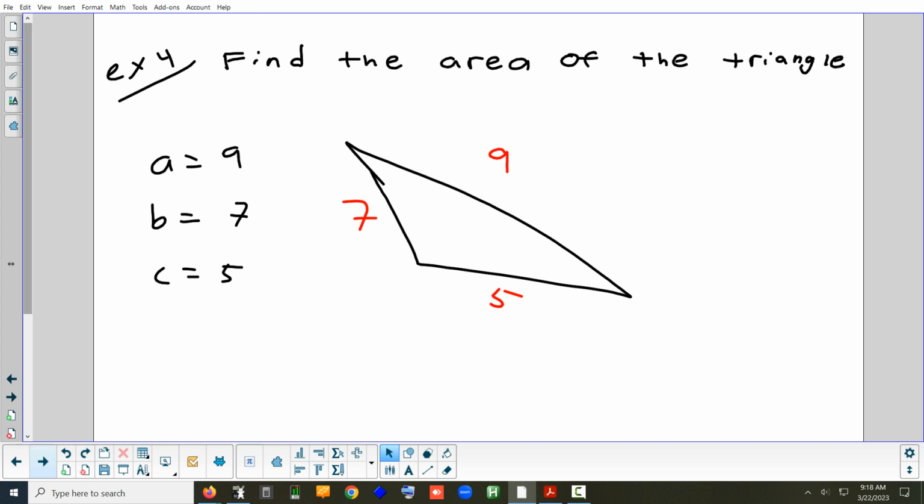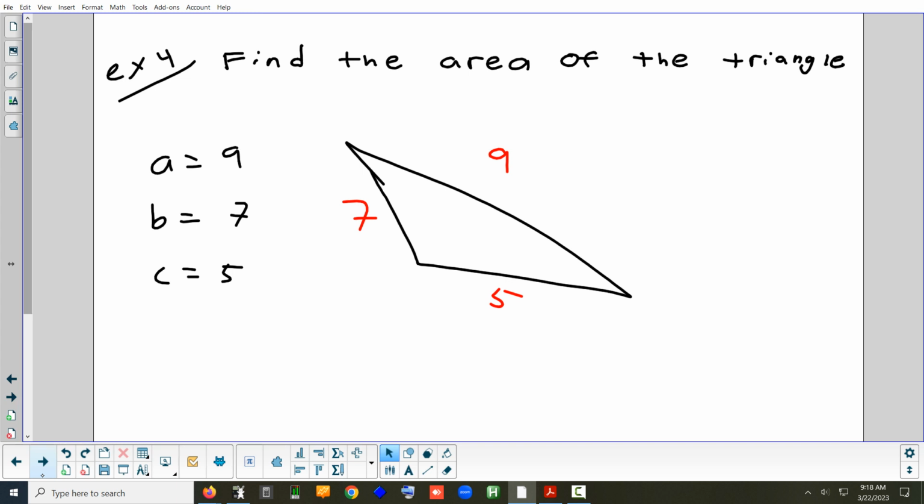Any angle. Doesn't matter which one. You need two sides and you need an angle between them. How could you get an angle between two of the sides there? Yeah, you could do the law of cosines. So the long way to do this problem would be to use law of cosines, find an angle between the two sides, and then go back and use the formula I just showed you.